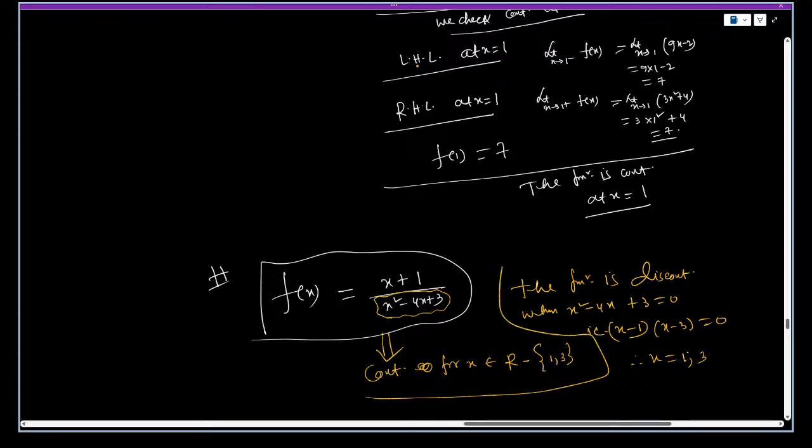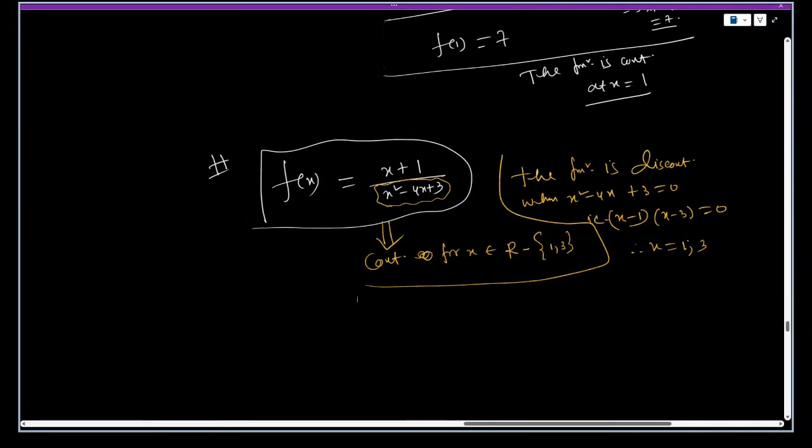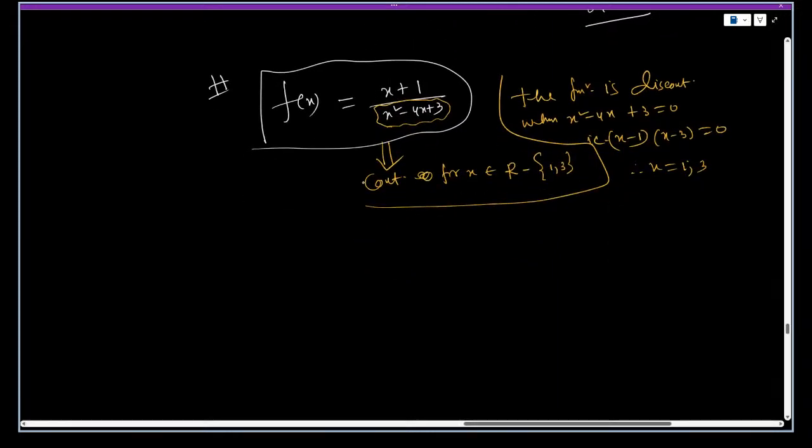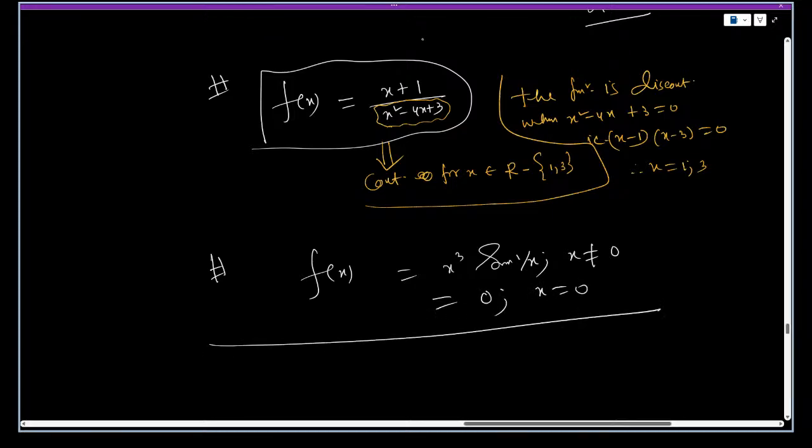Let us take one example from the textbook, then you try, and next Tuesday I am coming back with a few more problems on continuity. Okay, types of discontinuity also we will be discussing. If they have asked you this kind of function, textbook type of function, I told you, it is f(x) equal to x cube sine 1 by x for x not equal to 0, 0 for x equal to 0.